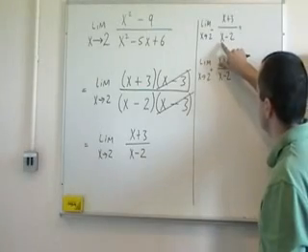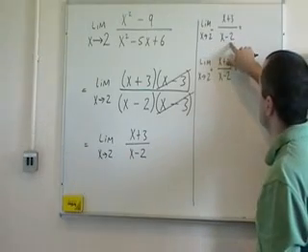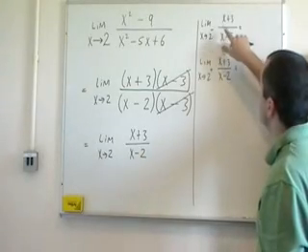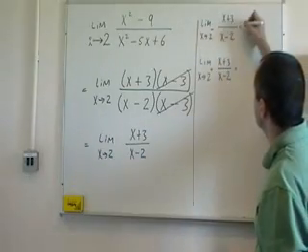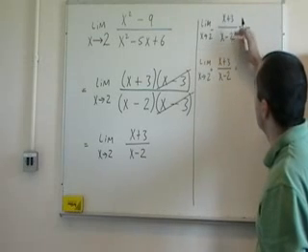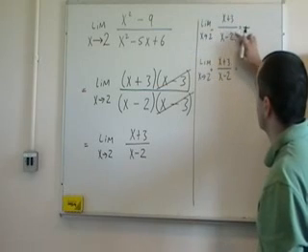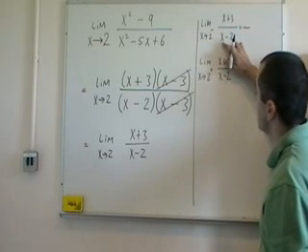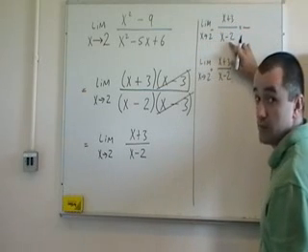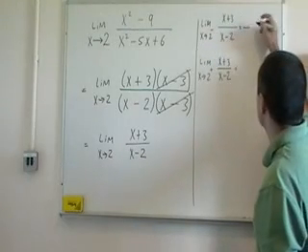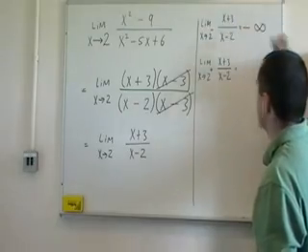If you have a number smaller than 2 and subtract 2 from it, you will have a negative number. So it will be a positive divided by a negative, which gives me a negative. And we'll have a number divided by a very, very small number, because remember, a number smaller than 2, take away 2 will be very, very small. So a number divided by a very small number means it's going to shoot off to minus infinity.